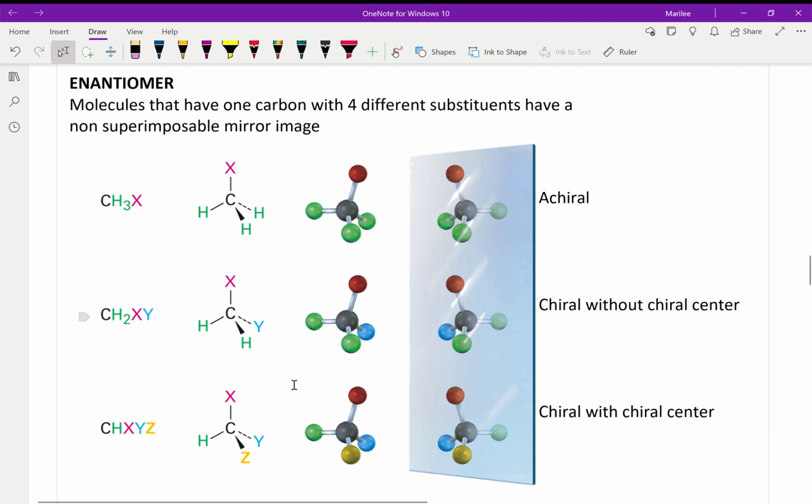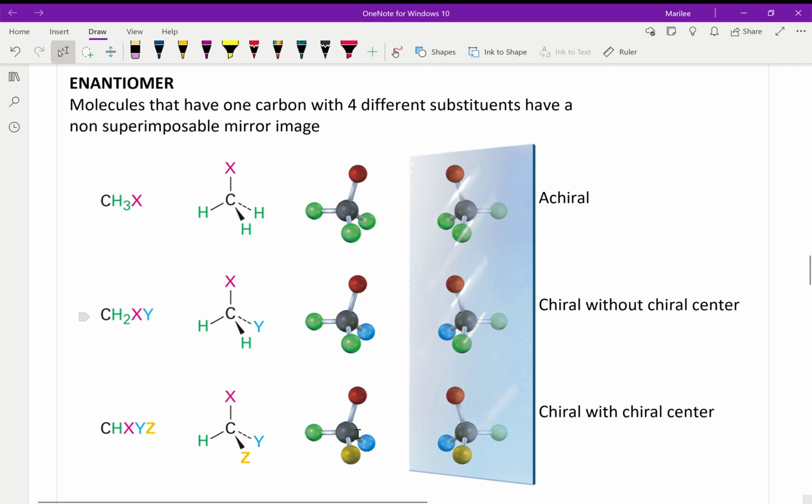If you look at our last example here, we have our center carbon bonded to hydrogen, Z, Y, and X. The center carbon is bonded to all different groups. If I take this image and place it on top of the mirror image, they do not line up. So that's why we have a chiral molecule.